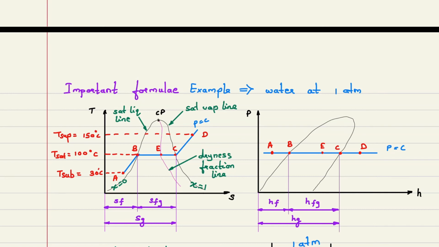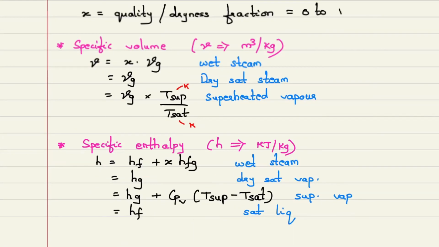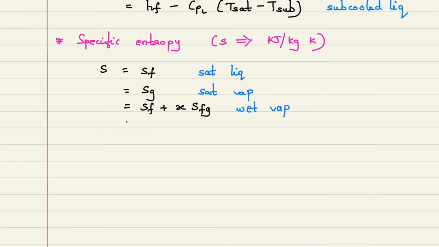If you want, you can go through that part of thermodynamics, and from there we write that formula. Be very careful while using this formula: temperature should be in Kelvin only. This is for superheated vapor.